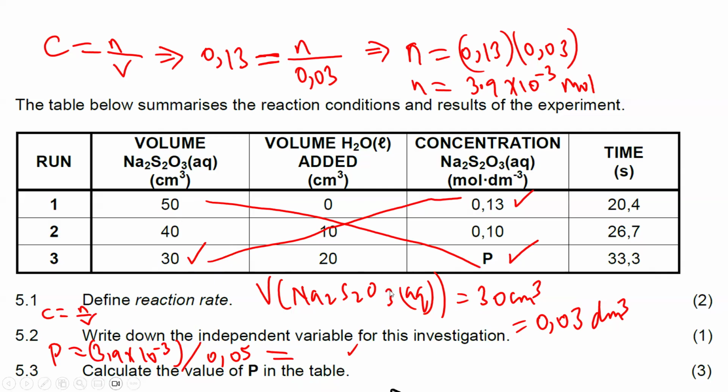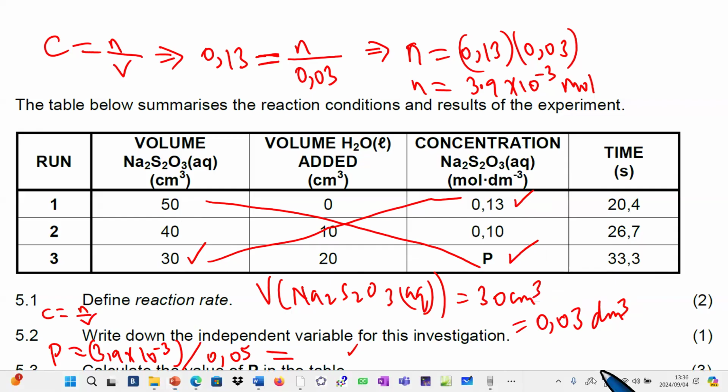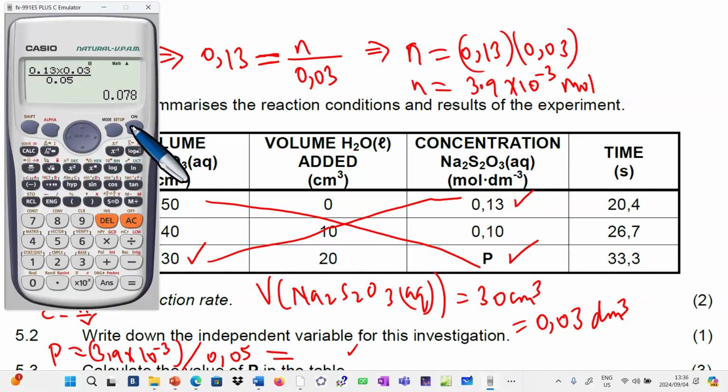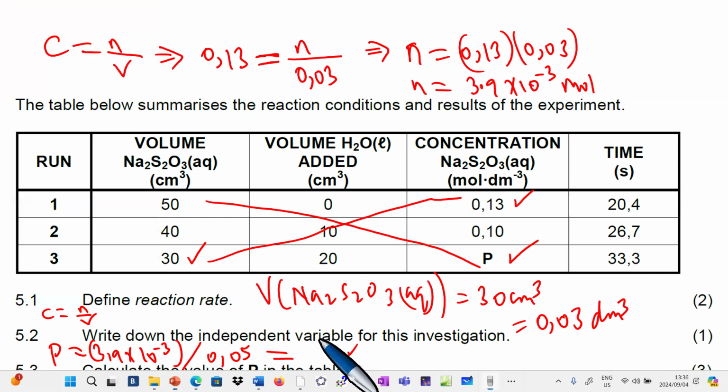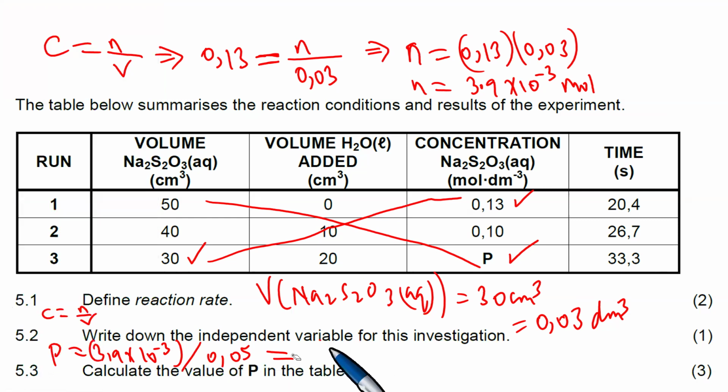Let's use a calculator quickly: 3.9 times 10 to the power minus 3, divided by 0.05, which is 0.078.